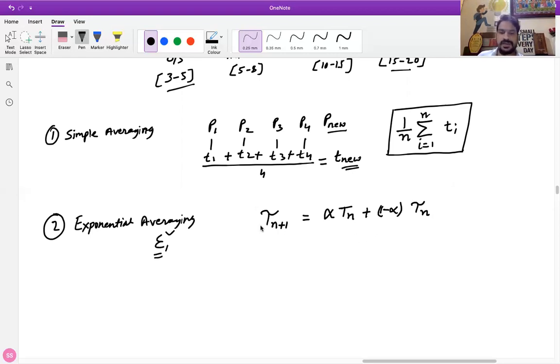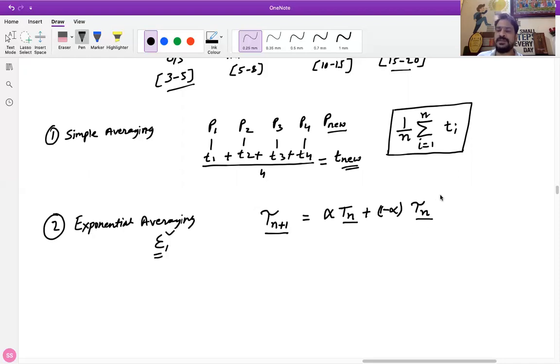Are you getting it? This is the time that we want to calculate for a new process that has just come. We know the burst time of the previous process, and we should know the predicted burst time of the previous process. So this algorithm is predicting the new process.